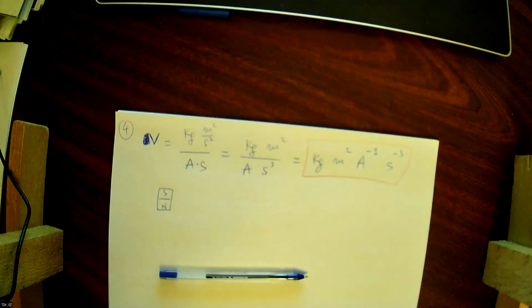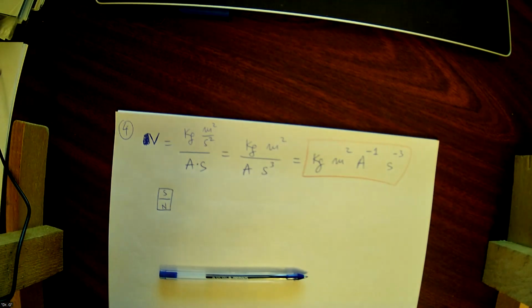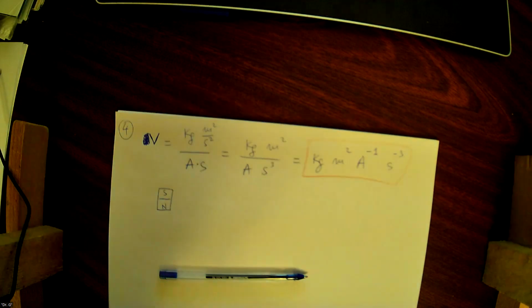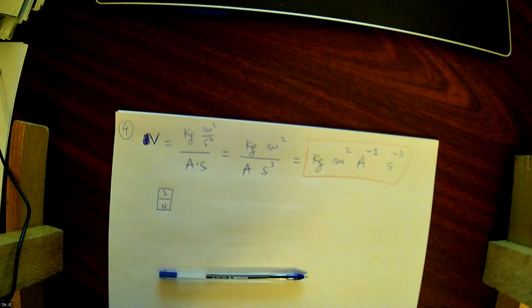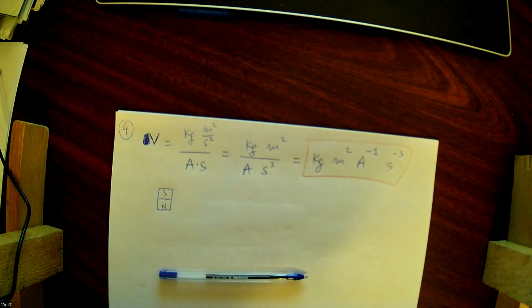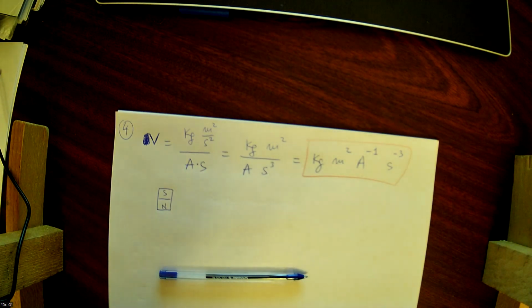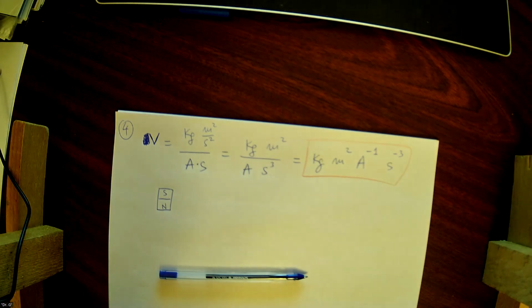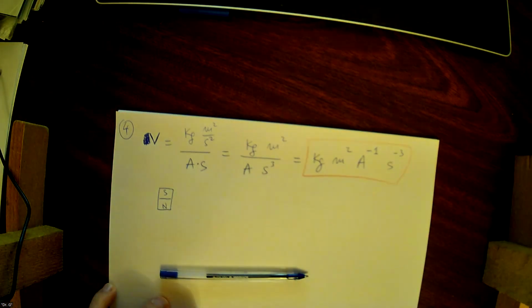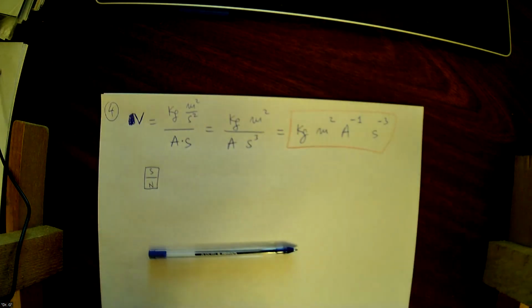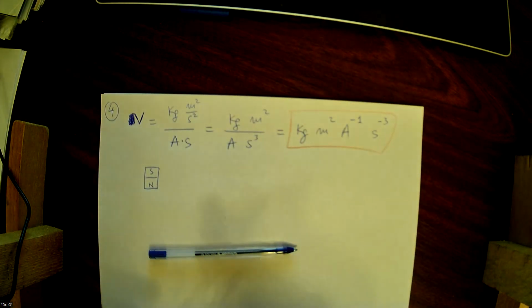The magnetic field lines go from the North Pole to the South Pole. So in this case, the magnetic field lines will look like this.